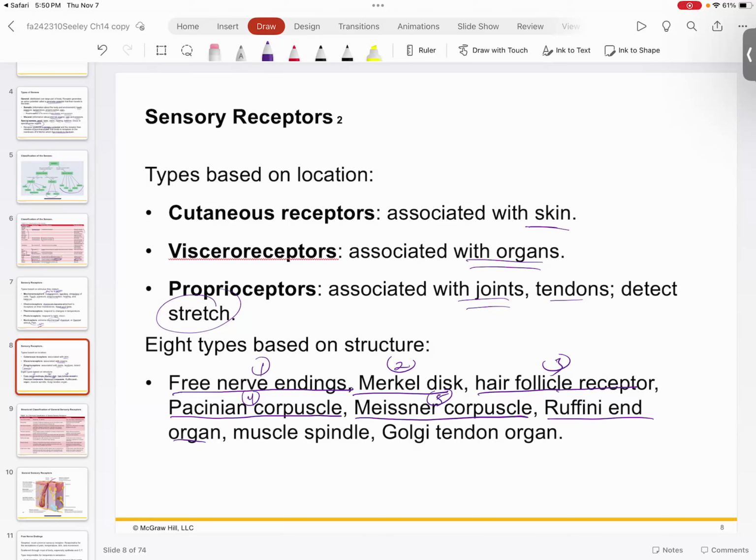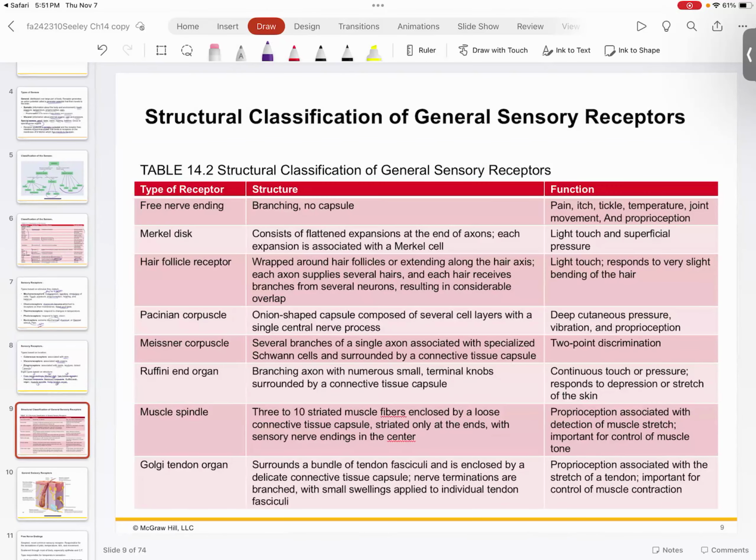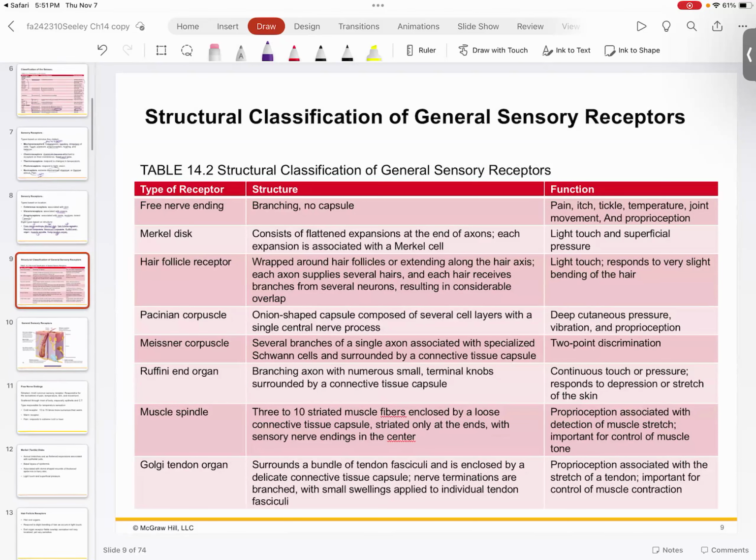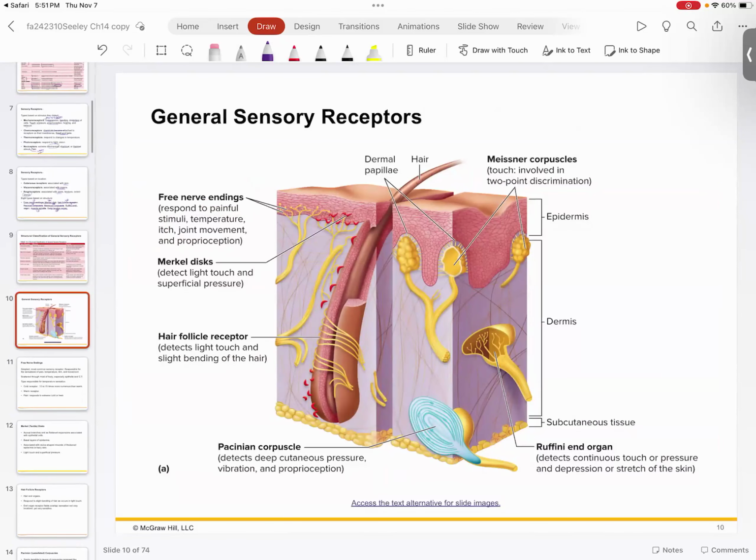That's number 6. The muscle spindle, which we just got done talking about, that's number 7, and the Golgi tendon organ, which is number 8. So these are the 8 different types of sensory receptor structures that we deploy throughout the body. And so this is like the table structure for those of you who like tables.